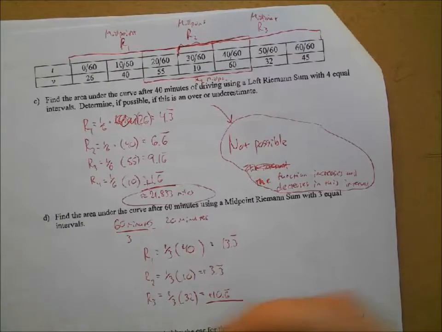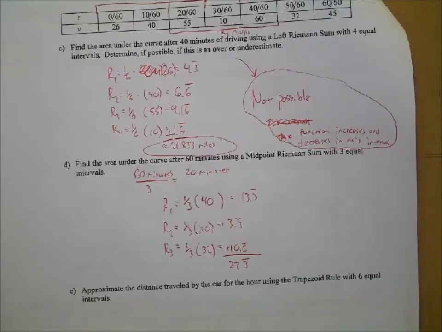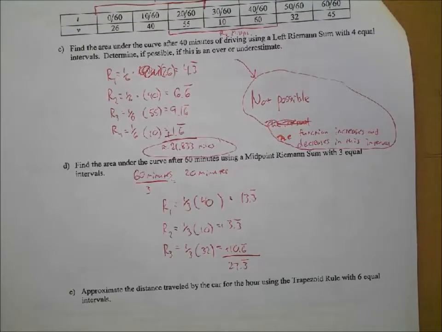There we go. So 27.3 repeating. Okay, 27.3 repeating there. Again, that's in miles.